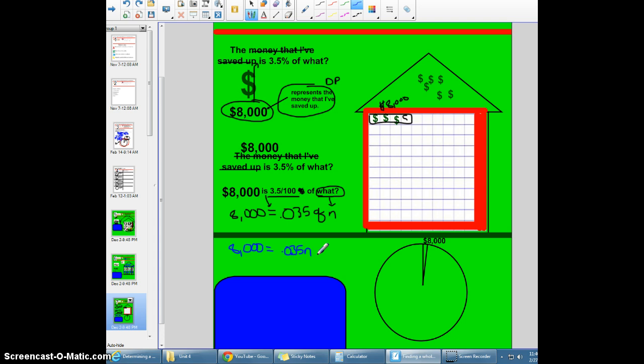That's the same thing as $8,000 is 3.5% of what? This and this are the same.